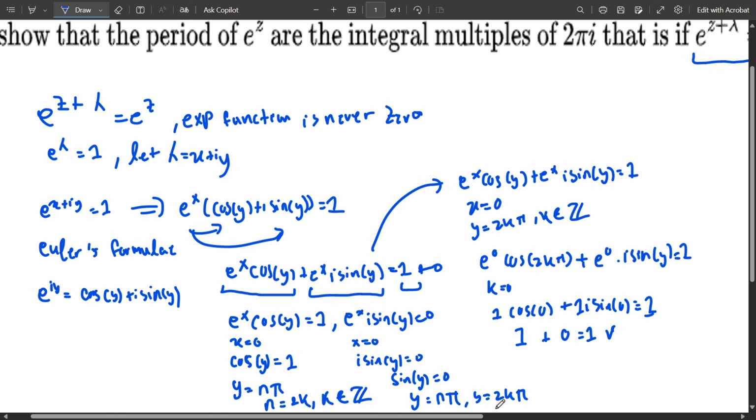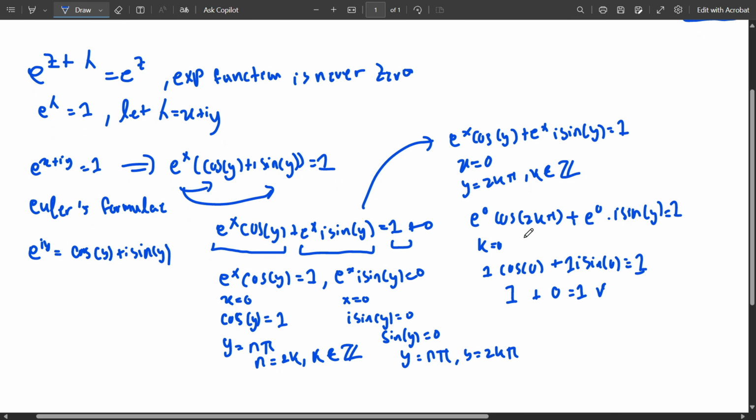That means e to the x times e to the iy equals 1.